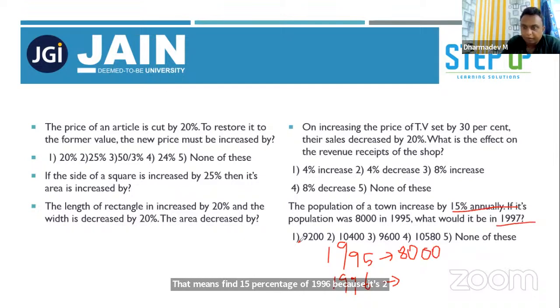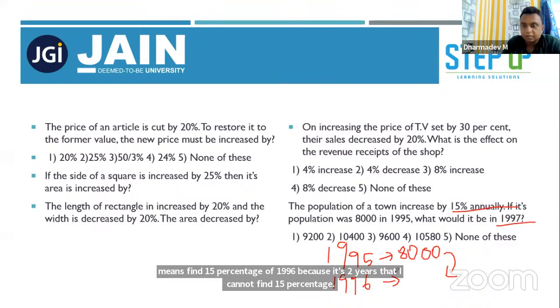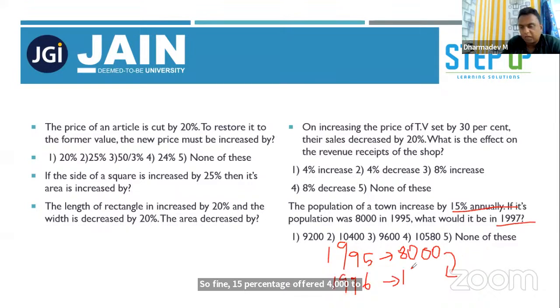Directly, I cannot find 15%. So find 15% of it. 14,000 will be there here. 400 plus 200, 600, 8,600 would be the population in 1996. Again, 15% annually. So 1995 to 1996, it is 15%.